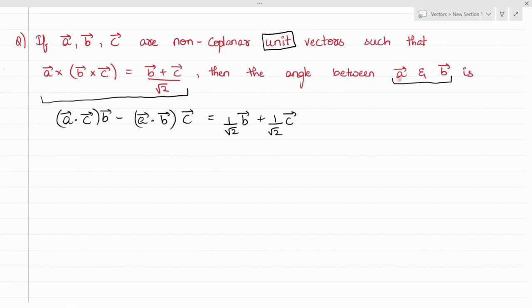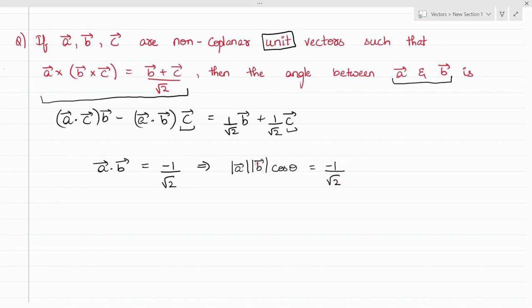We actually want the angle between A and B. So let's compare this C vector with this. From here we will get A dot B is nothing but minus 1 by root 2. Use the formula of dot product, that is magnitude of A, magnitude of B cos theta, that is minus 1 by root 2.